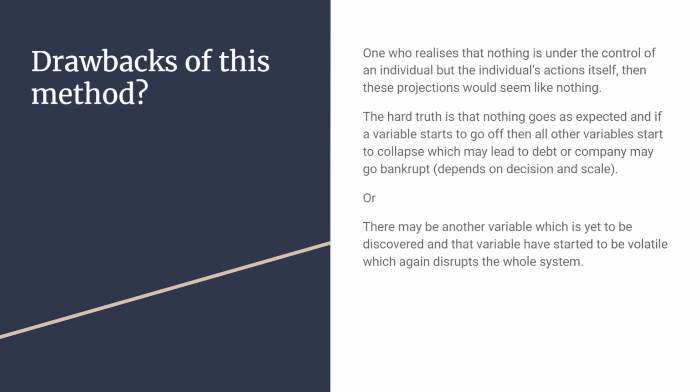If that variable starts to be volatile, or which is volatile but not in the trajectory or direction which is as expected, then the whole system may fall apart. So these are the major drawbacks of this kind of approach for predicting or analyzing the future of any product or service. And that's it. Thank you.